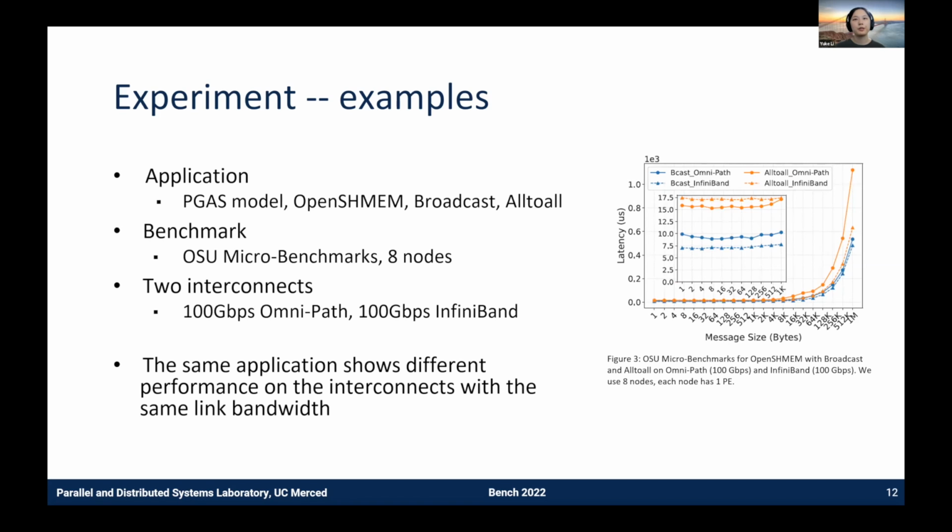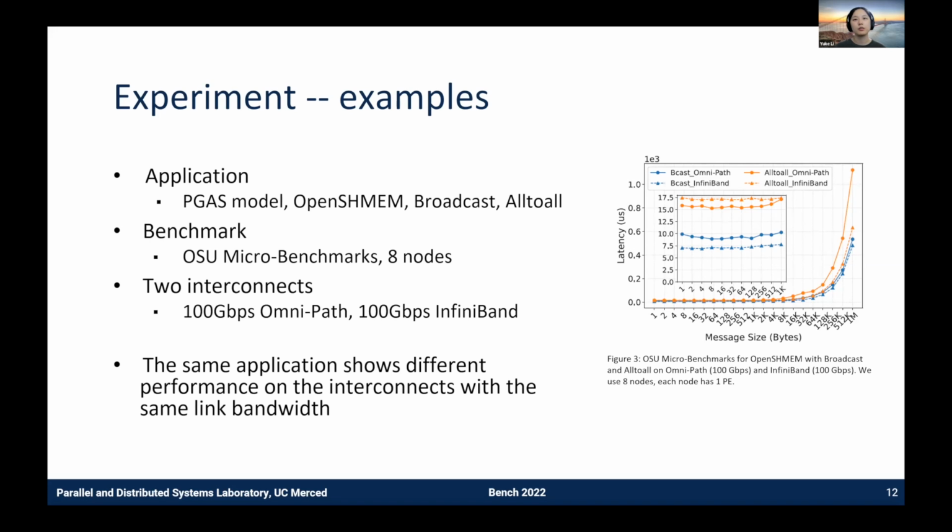The third example comes from the application-level benchmark. In this experiment, we use one of the PGAS models, OpenSHMEM, as a workload, with OSU micro benchmarks for 2 collective routines, broadcast and all-to-all, on 8 nodes, with 2 different interconnects: 100 gigabit per second OmniPath and 100 gigabit per second InfiniBand.